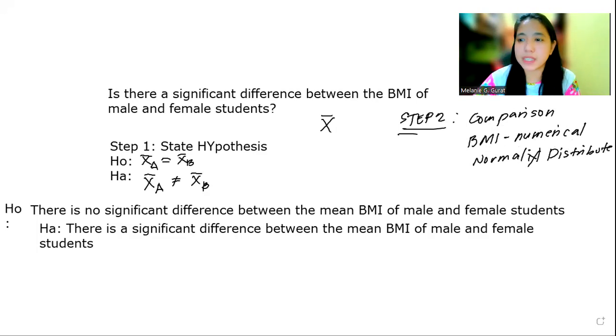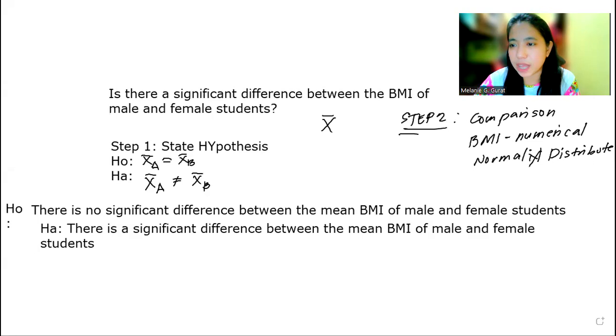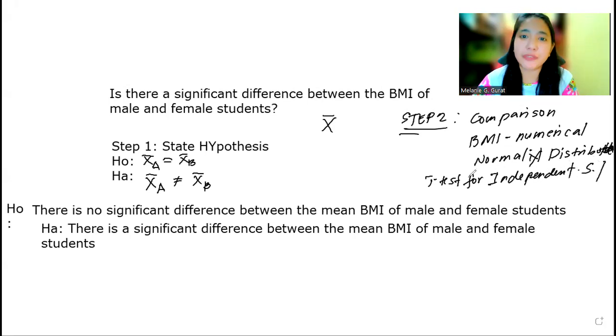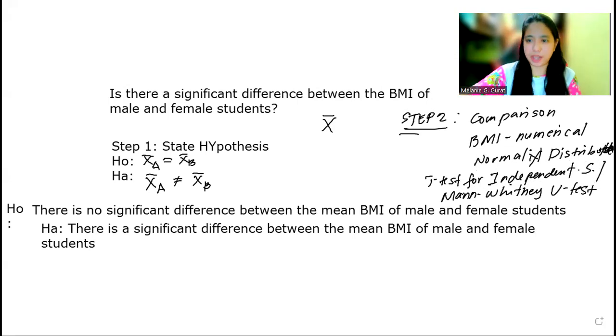If we satisfy this condition, then we can use the t-test for independent samples. While if we fail to satisfy the condition, then we're going to use the non-parametric counterpart, which is the Mann-Whitney U-test.